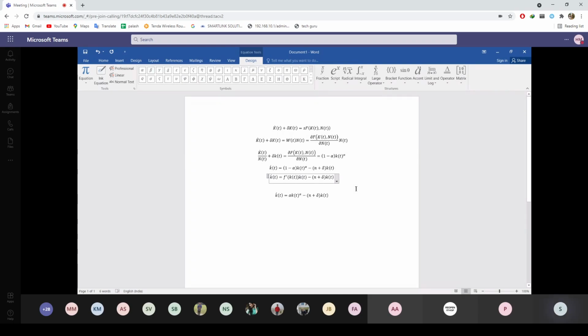And for the Cobb-Douglas production function it takes this form, because f prime kt into kt, which is rt kt, is basically your capital income. And that capital income in the Cobb-Douglas form is basically alpha kt to the power alpha.